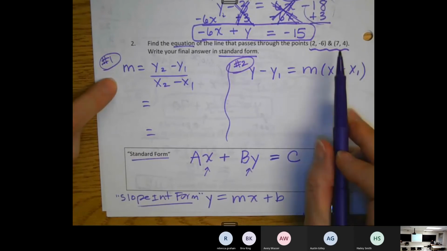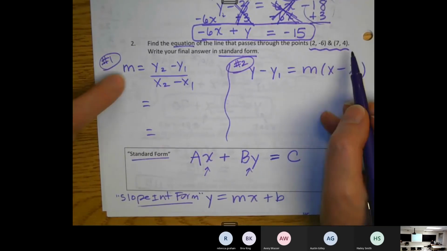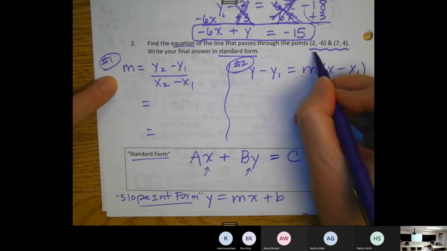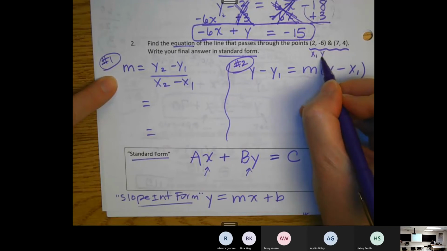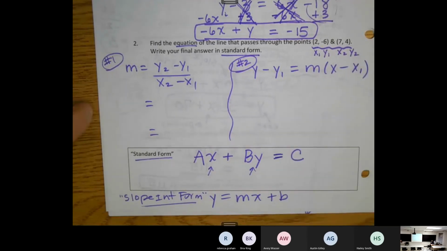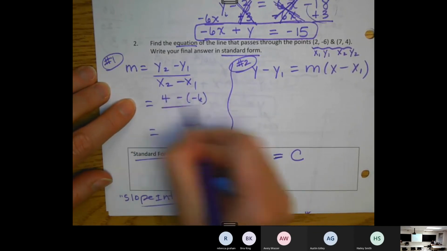For step number 1, we want to just find the slope like we did back on Wednesday, subtracting our 2 y's. That's going to go on top, and then subtracting our 2 x values down below. Everybody's very quiet today. I could definitely use a little help when you find the slope here.